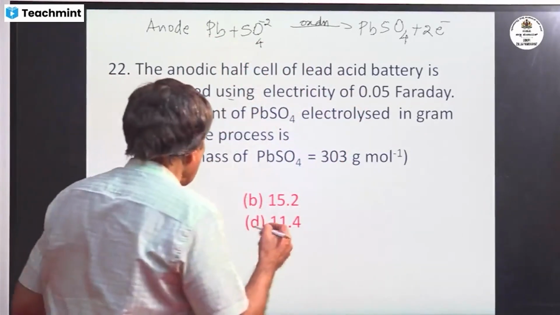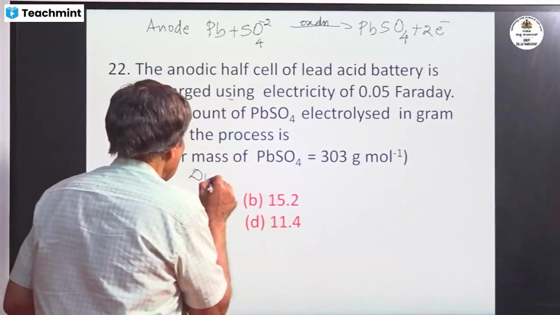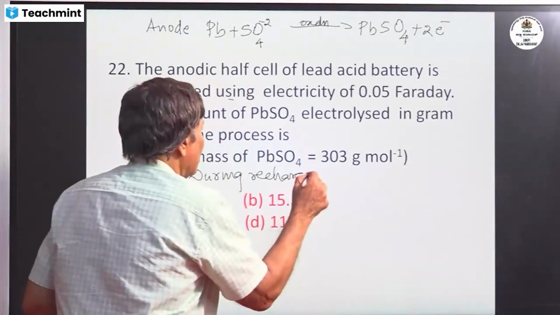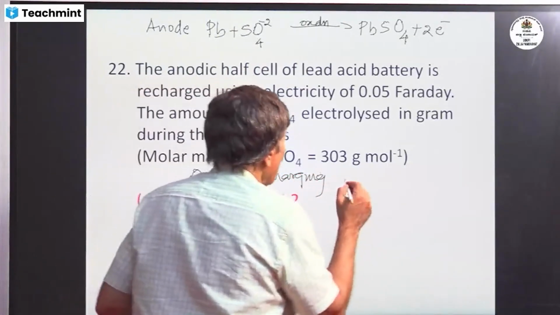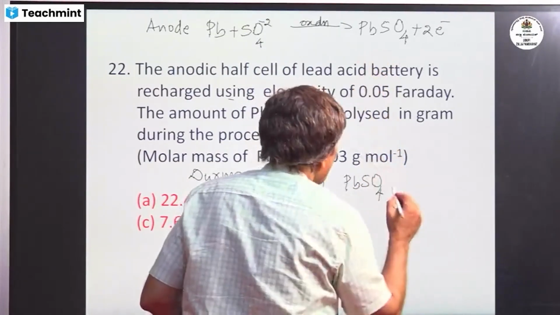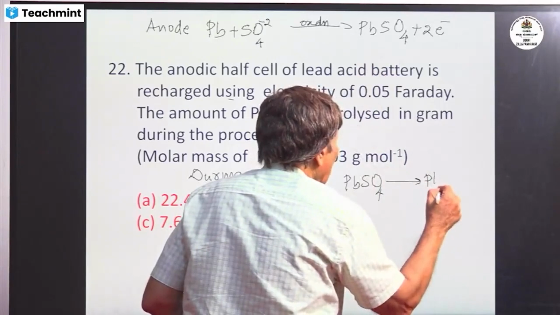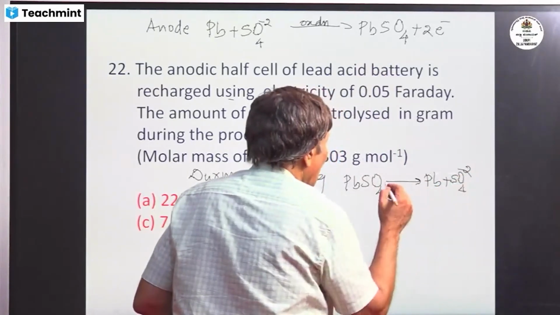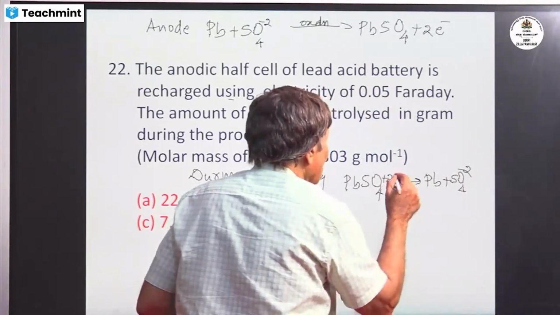So during recharging, anodic reaction is PbSO4 gives Pb plus SO4 2 minus, after gaining 2 electrons.